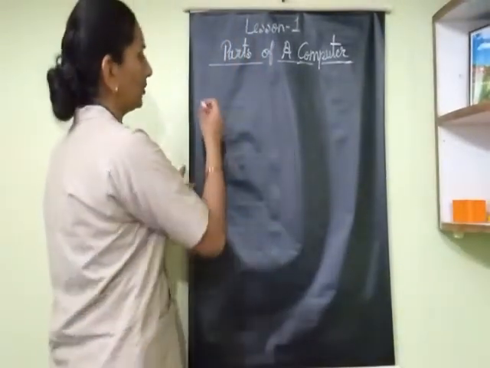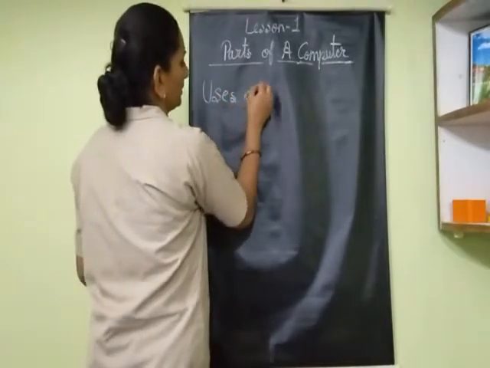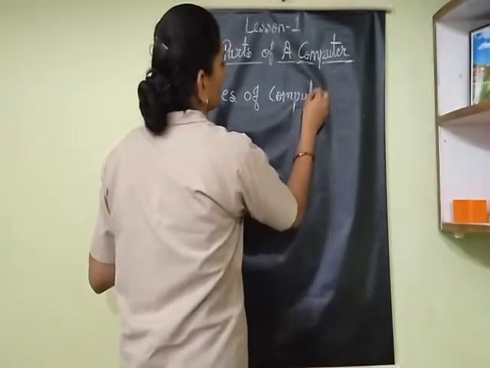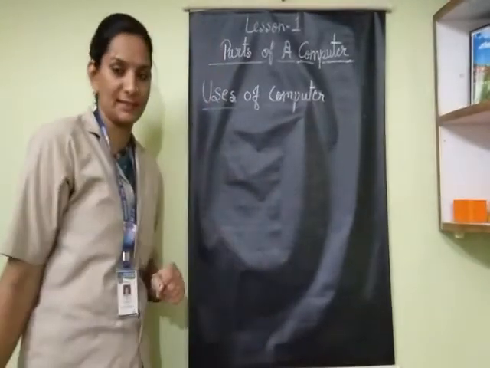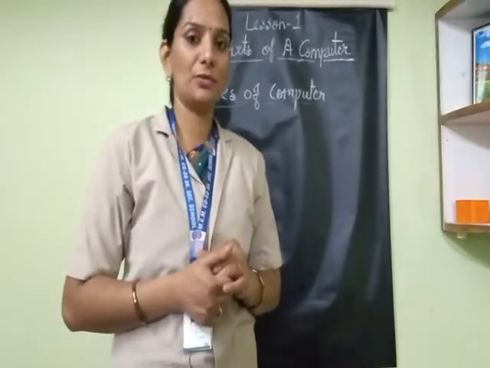Okay. We are going to the next topic. The first topic is uses of computer. This is the first topic of this lesson. So, where do we use the computer? Computers are used everywhere. Okay?